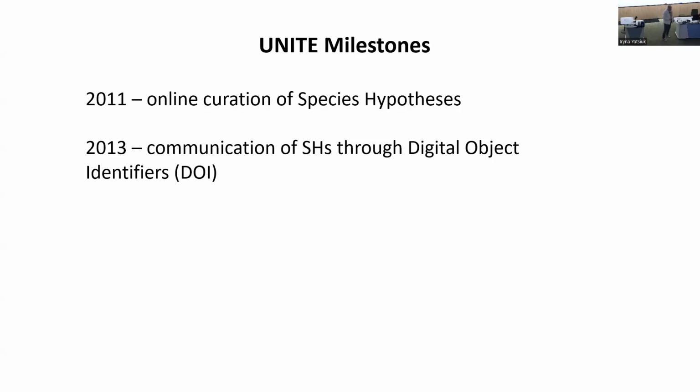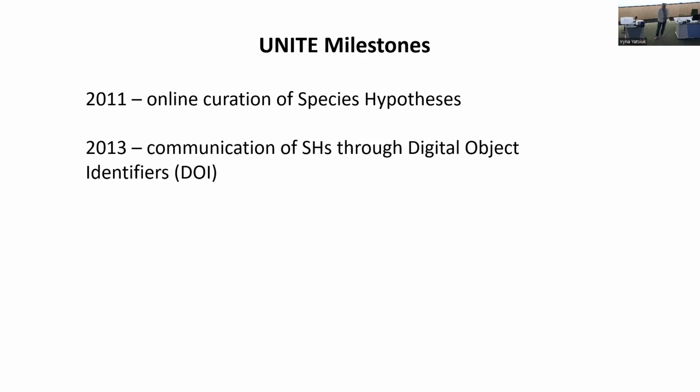And in 2013, we started to use DOIs. You know DOIs very well, which are used also for research papers. But there is also a specific community called DataCite, and this community provides its members the option to use the same DOIs for research data sets.